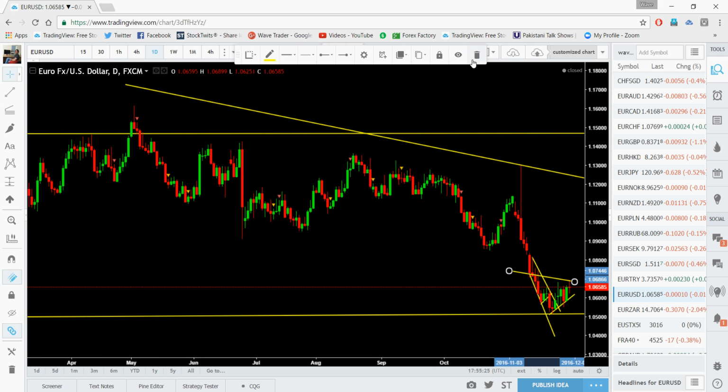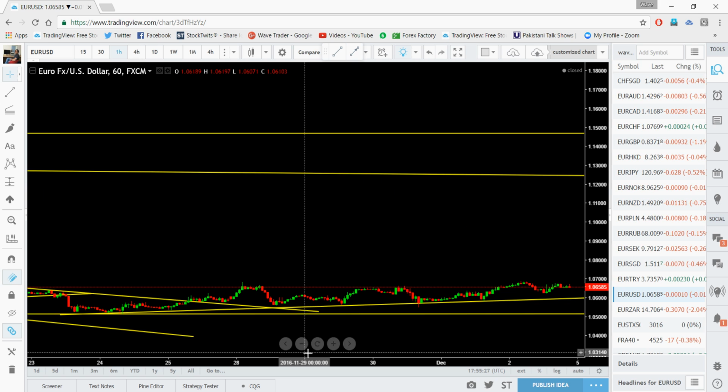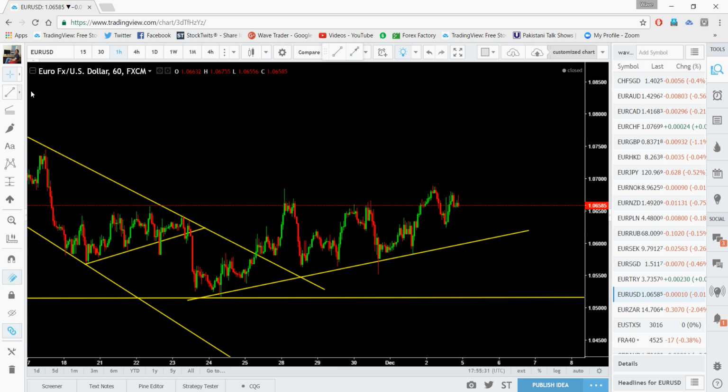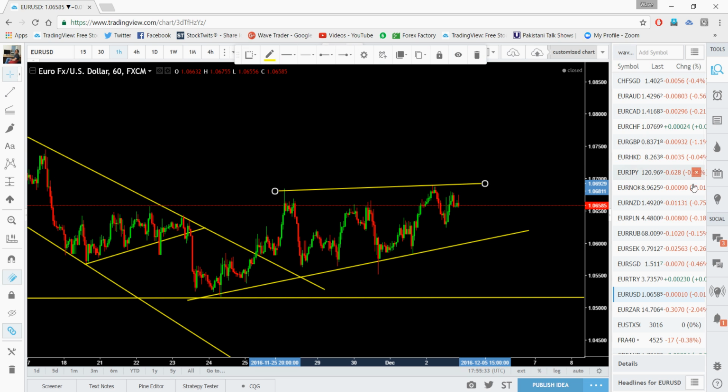And for buy setup, you need to wait for the price so that it can come close to this point. This is not an aggression to the upside. This is not a strong impulsive sign that price is going to continue to the upside.